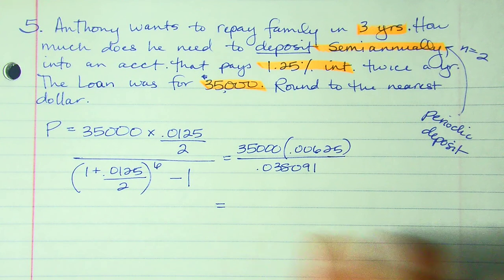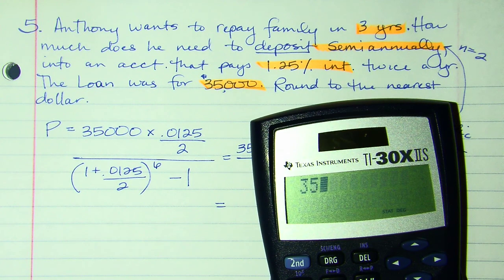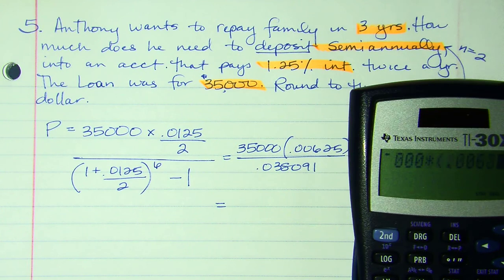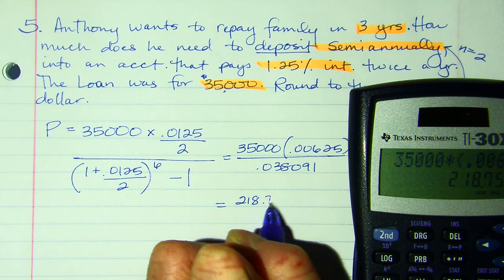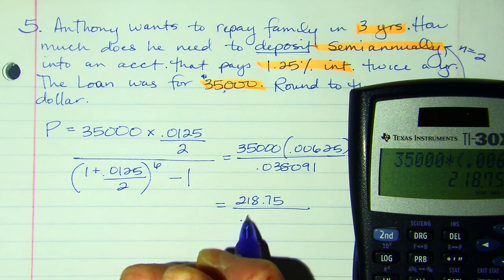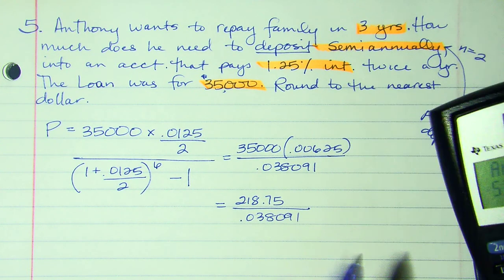I'm showing you each of my steps so that you can see where I'm getting each piece. So 35,000 times 0.00625. I got 218 and 75 cents. And now I'm going to divide that by the bottom.